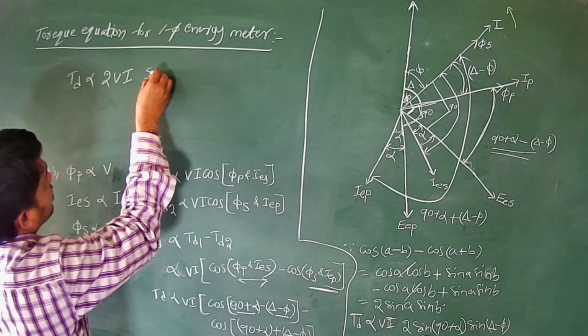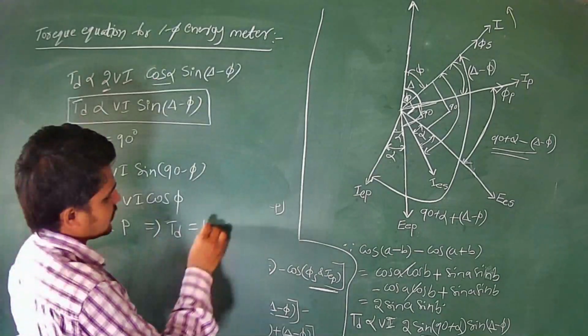Sin 90 minus theta is cos theta, therefore VI cos phi. So TD is proportional to power P. If you remove the proportionality, you get a constant, let us say K1, into P.